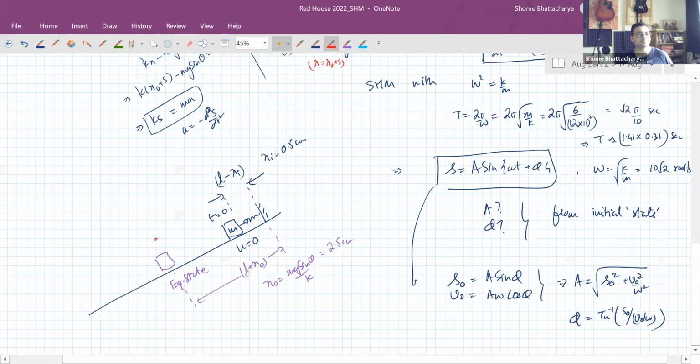So what is our initial position with respect to mean position? This is our initial position. So at t equal to 0, you can see the position is this. It is 3 centimeters away from the mean position, and the initial velocity is 0 because it's released from rest.